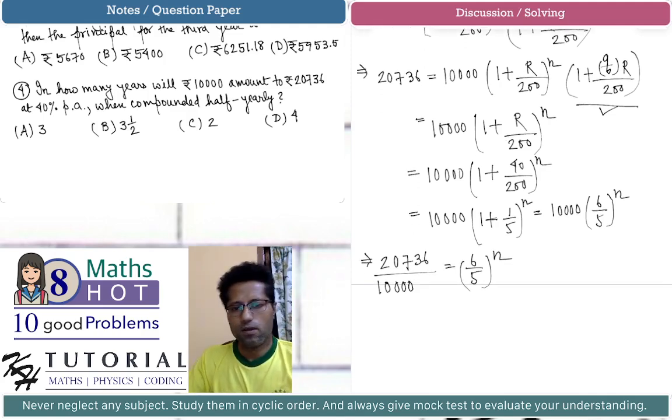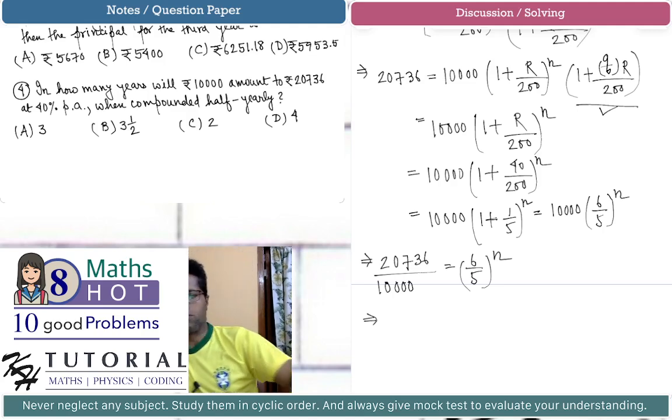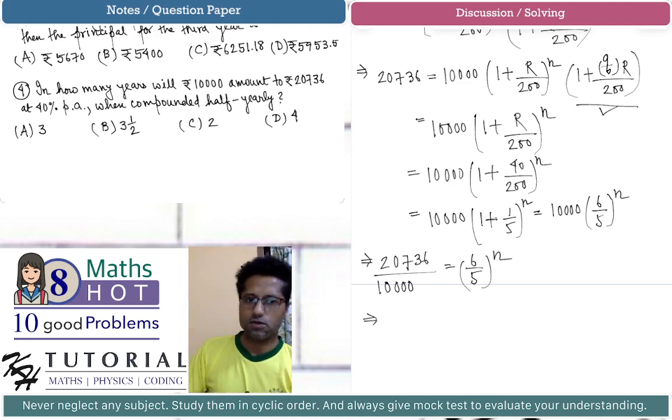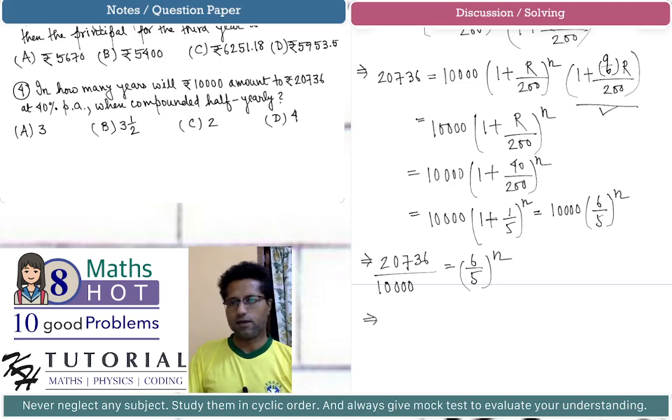Now somehow we have to express the left hand side as a power of 6 by 5, because only then can we solve for n, since on the right hand side the exponential term has the base 6 by 5.